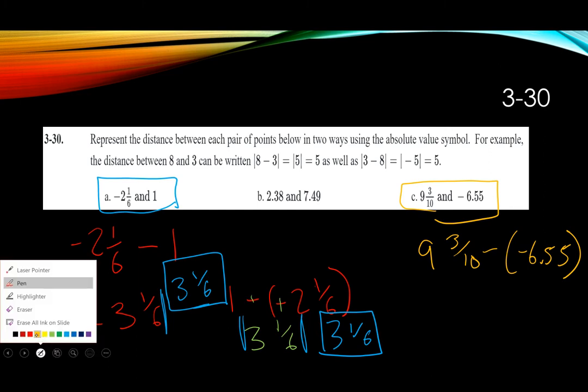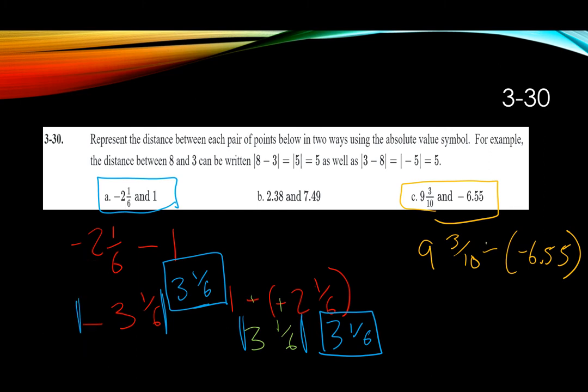And when we're subtracting a negative number, we can think about that as adding a positive number. So here we're starting at 9 3/10. And then if we're moving 6 more, instead of subtracting 6, in this case, just adding a positive. 9 plus 6 would give me 15.